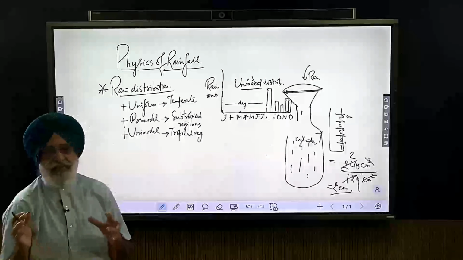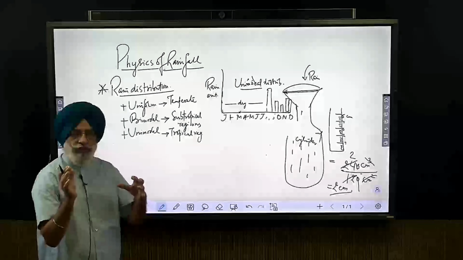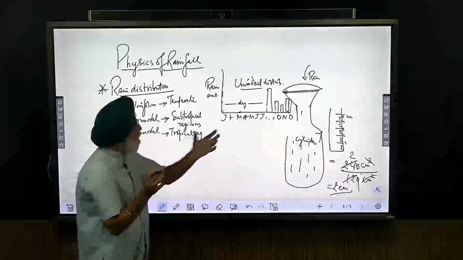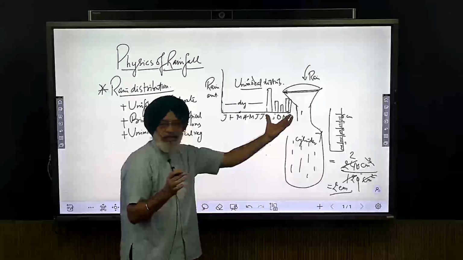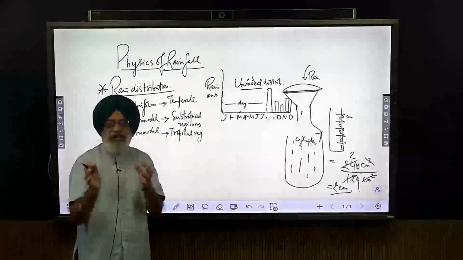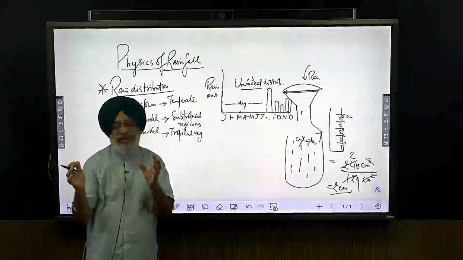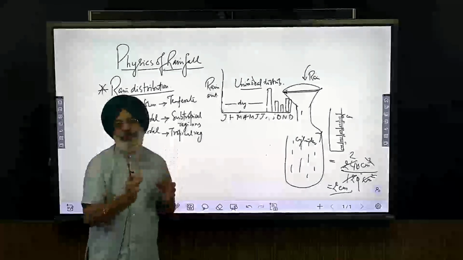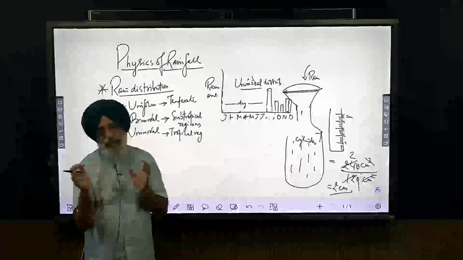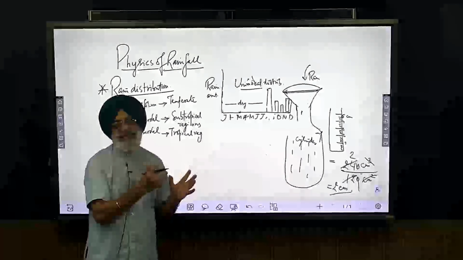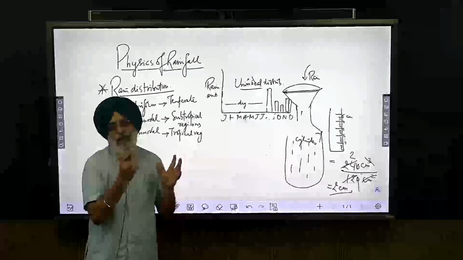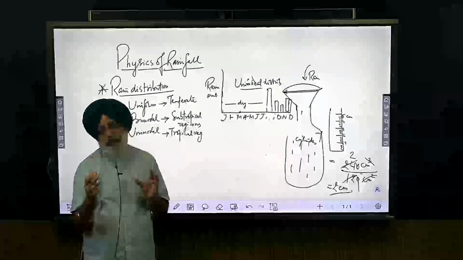As I said, this is very important. Now, even during a particular wet period, if it's spread over 3 months, that means 90 days, but you are getting the rain only for 10 days, and in between you have dry spells, then this type of rain will not be good from an agriculture point of view.